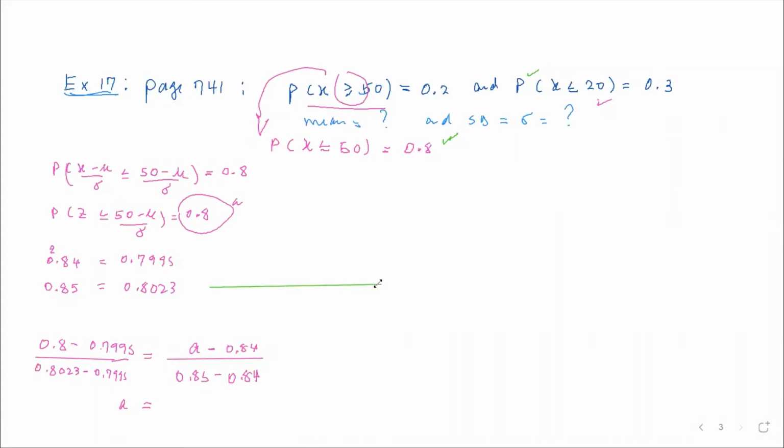Draw one line, right? And then you can see that because we have 0.8 here, you are between 0.84 and 0.85.